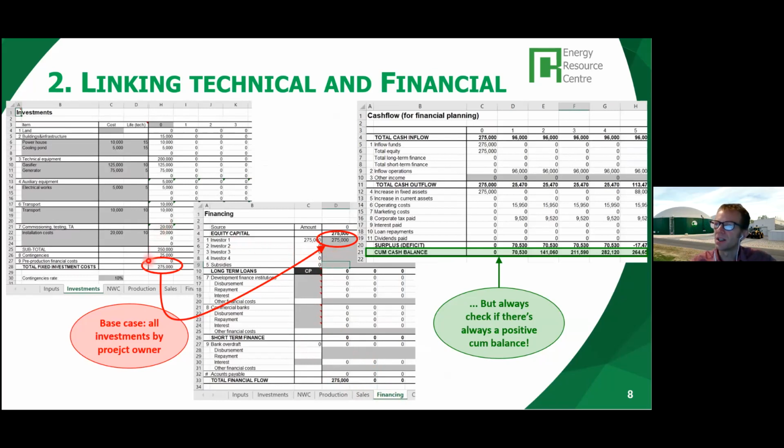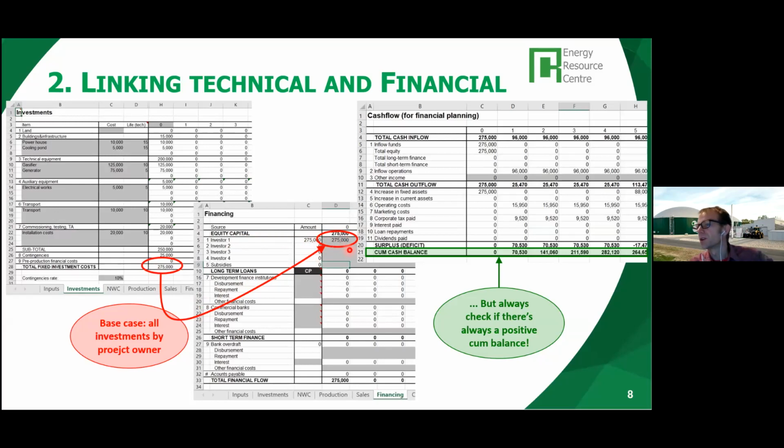So we have a look in the investment cost sheet, what is the total fixed investment, and we match that in the financing sheet under investor, and put it in year 0 of the project. So let's say the pre-production period when the project is being constructed.